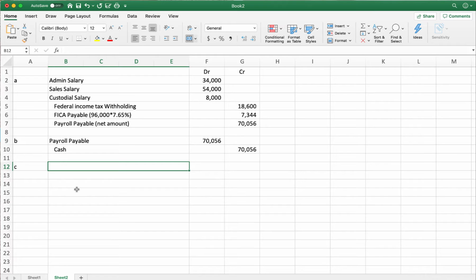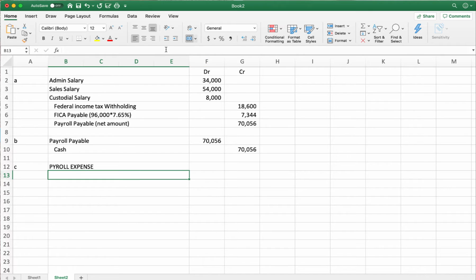So I know I'm going to have to first recognize a payroll expense, and then I'm going to get rid of my payables, okay? So let's first start here. Payroll expense, okay?